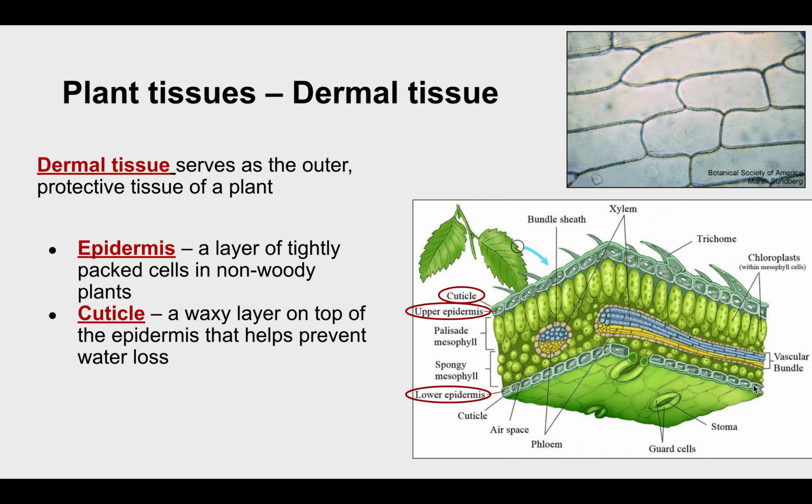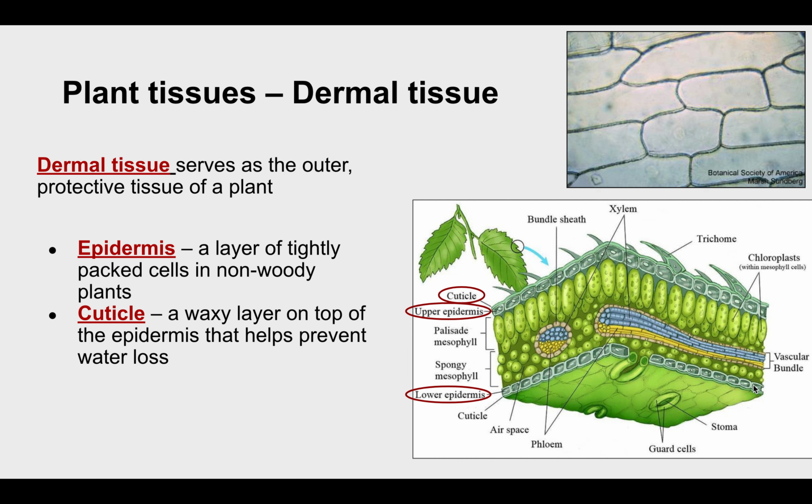We're going to start by talking about the dermal tissues. Right? So the dermal tissues are the outermost layer of cells on a plant, and it kind of performs like a protective covering of the plant. You can think of it as kind of like the skin of the plant. It's that outer covering of the plant.